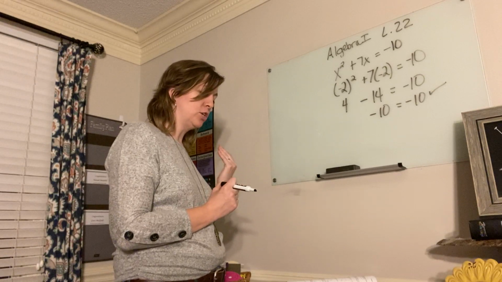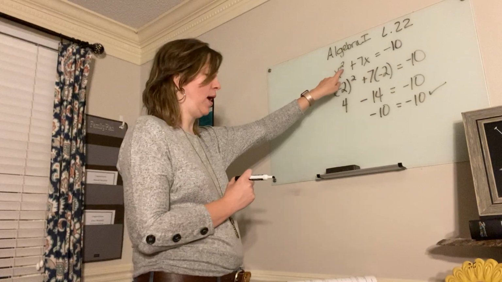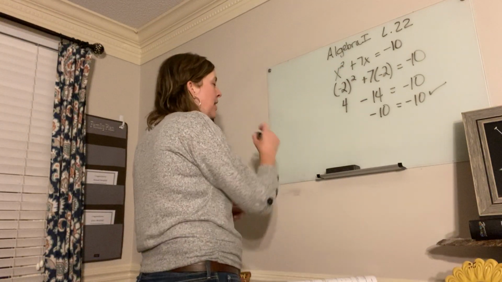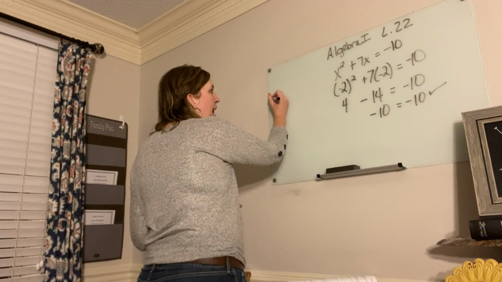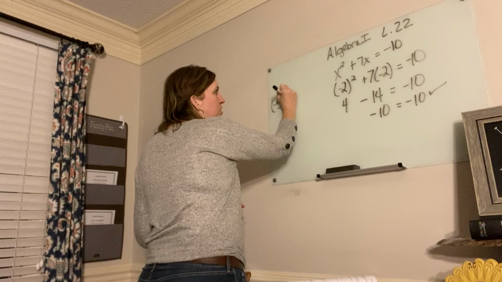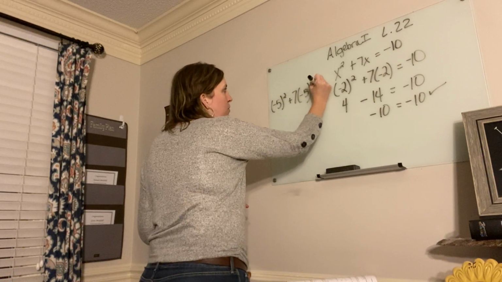And remember, we use the term root because it is x squared, right? Now let's look at the next one, -5. Is that a solution? Is that a root? Let's do it again. -5 squared plus 7 times -5 equals -10.